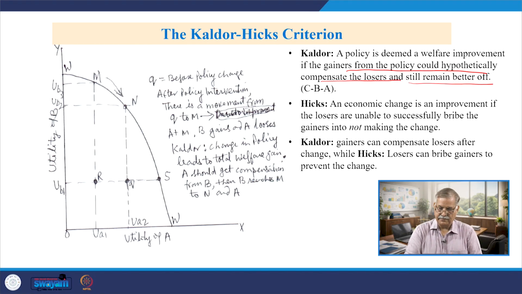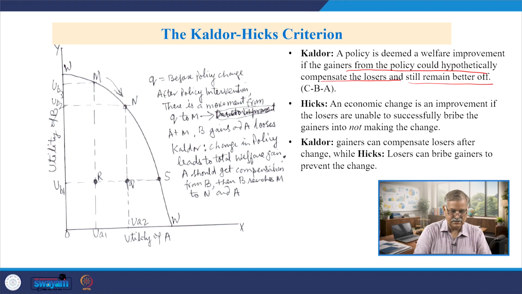So the basic difference is that in the case of Kaldor, the gainer can compensate the loser after the change and still the net benefit is positive, while in Hicks, the loser can bribe the gainers to prevent the change, and there would be no loss to those who wanted to make the change.